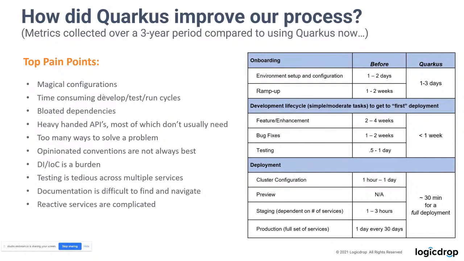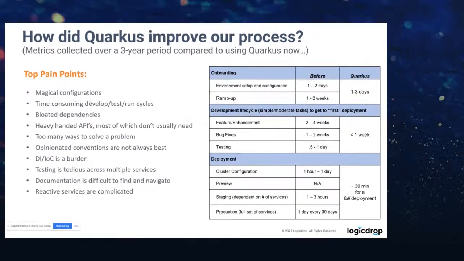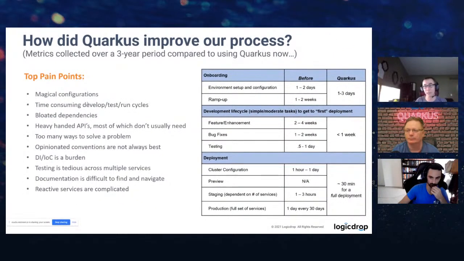So I'll run through. We come from a Spring Boot platform originally, and there were some significant pain points with that platform. The crux of all of them really came down to auto configuration. That was a really big one.